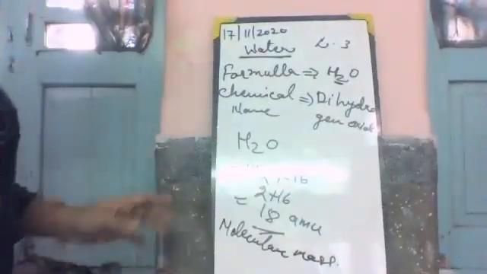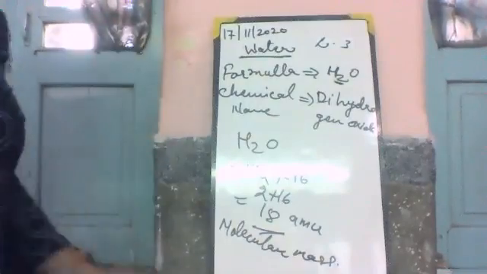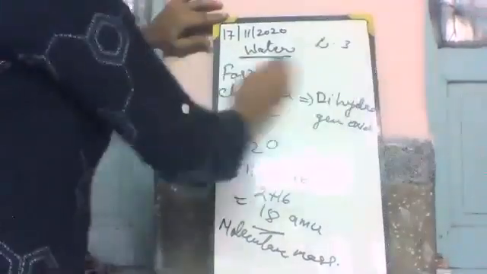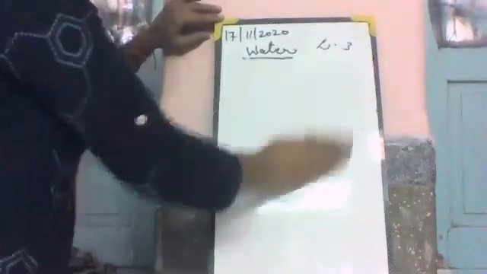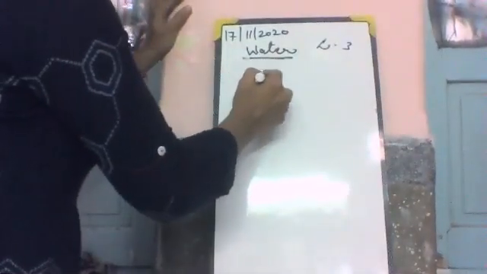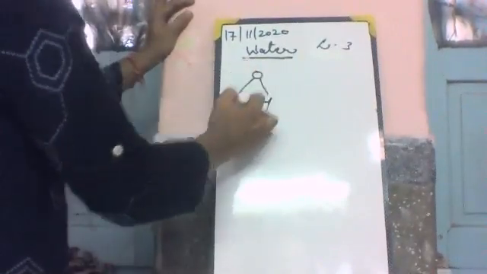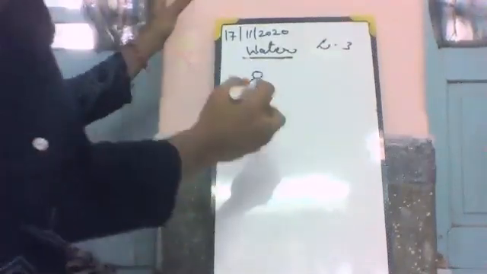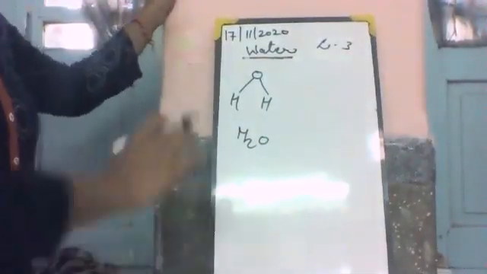Now the structure. What is the structure of water and which kind of bond is in this compound? See, oxygen is attached to 2 hydrogen atoms, H, O, H, and this makes H2O. Now, what is the electronic configuration of oxygen?